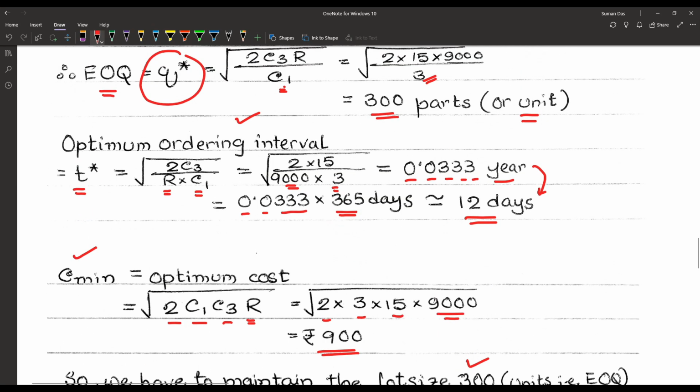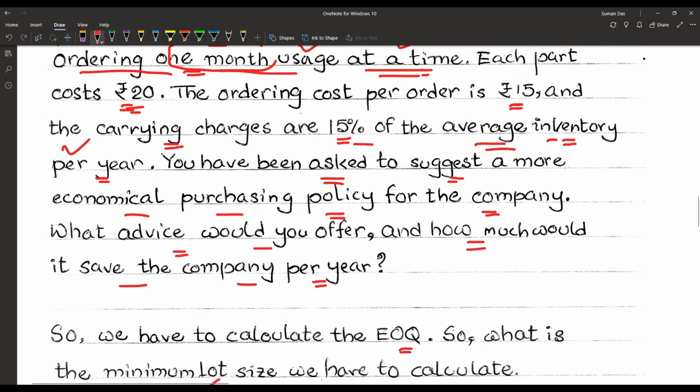Now let's check the problem once again. You have been asked to suggest a more economical purchasing policy for the company. What advice would you offer and how much would it save the company per year?